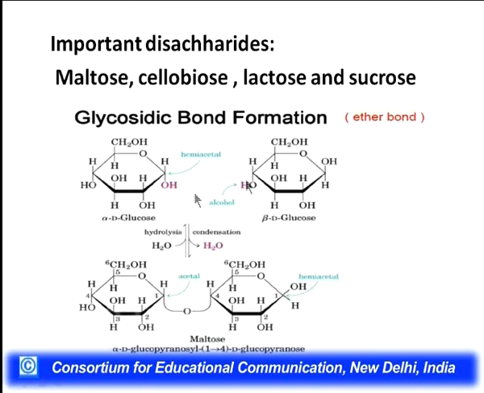If we look at the example, glucose, whether alpha D glucose or beta D glucose, has the molecular formula C6H12O6, whereas maltose, an example of a disaccharide, has the molecular formula C12H22O11.